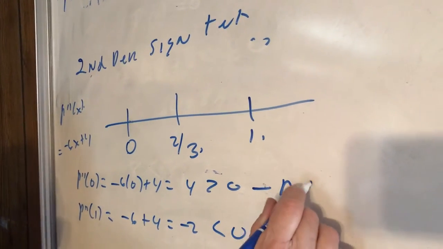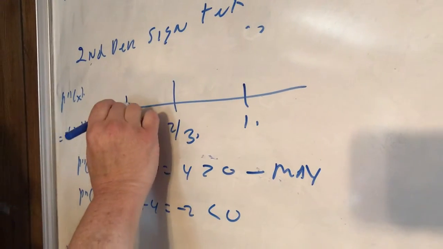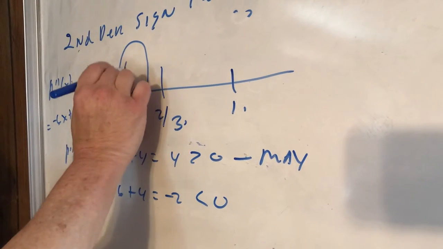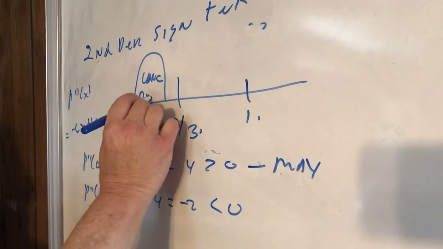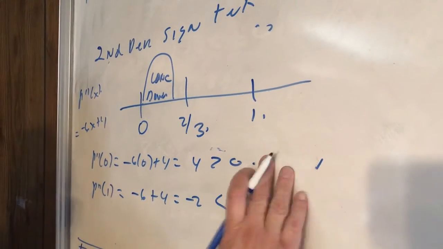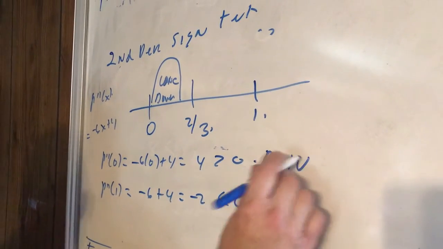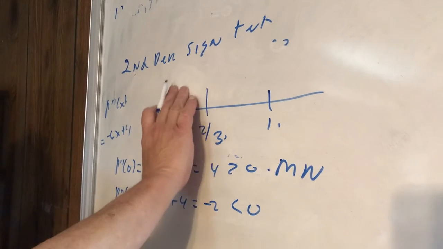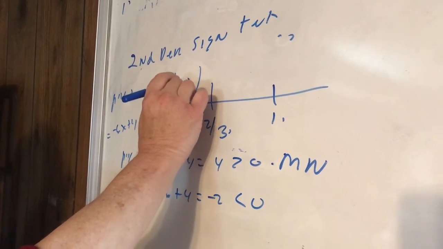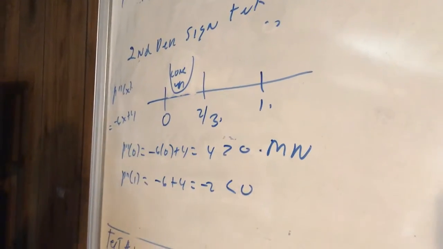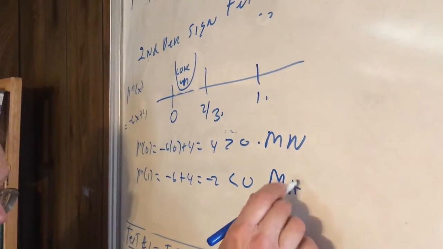This is at a max, so I get this concave down. I'm sorry, this is at a minimum. Sorry, greater than 0 is a minimum. This is going to be a smile, concave up. This is at a max.